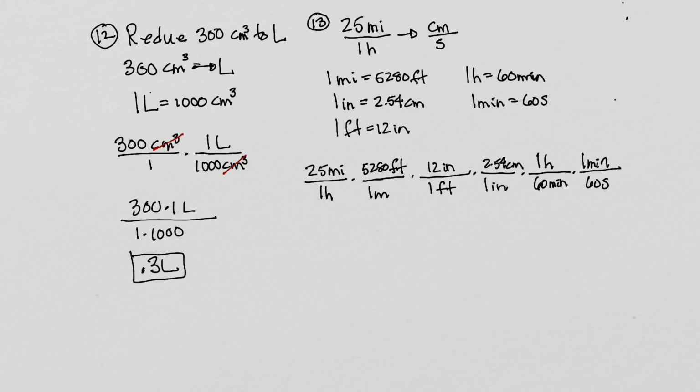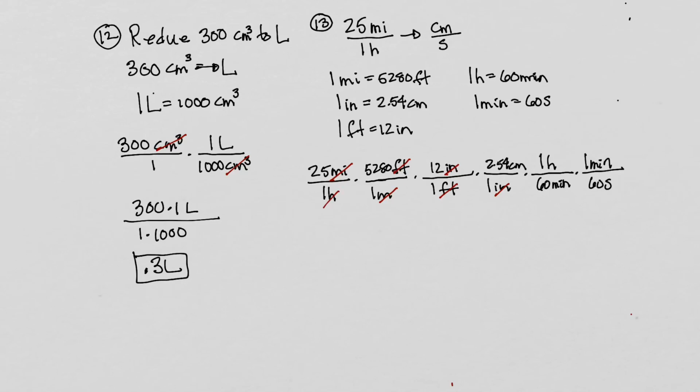So here's our cancellations. Miles will go with miles. Feet will go with feet. Inches with inches. Centimeters, I don't want centimeters to go out. We want centimeters. And now let's do our time. So that hour there will go with this one way up over here.